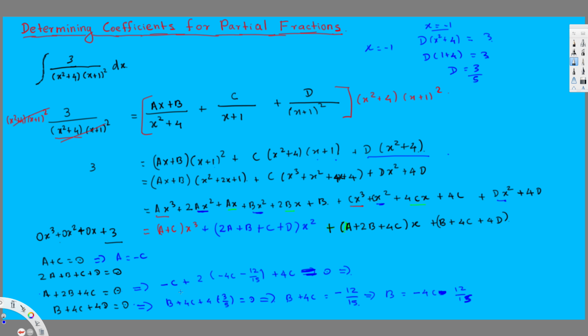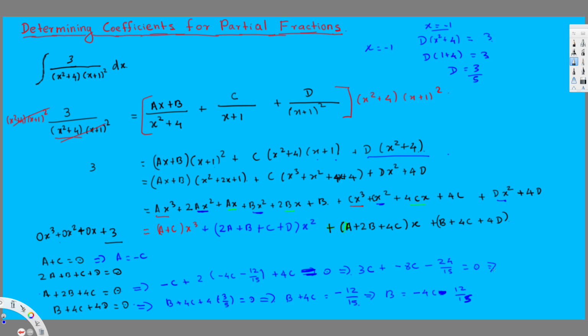Let's rearrange this one. So we have minus c plus 4c, that's going to be plus 3c, and if I multiply this one, it's going to be minus 8c and minus 24 over 15. So minus 8c minus 24 over 15 is equal to 0, and now we have minus 5c. I can bring the minus 5c to the other side, so that's going to be plus 5c.